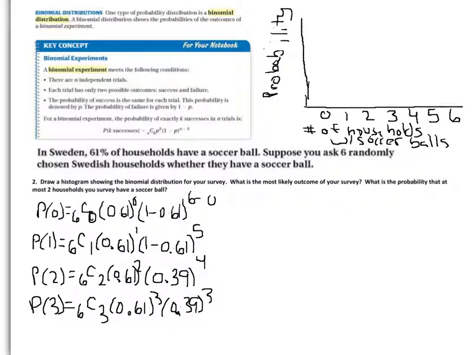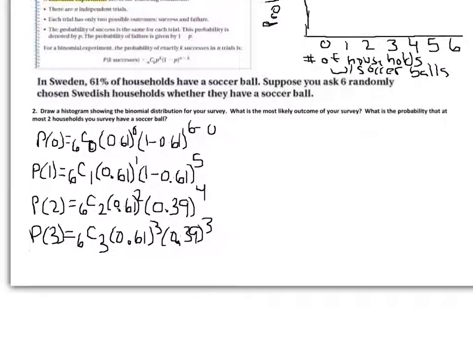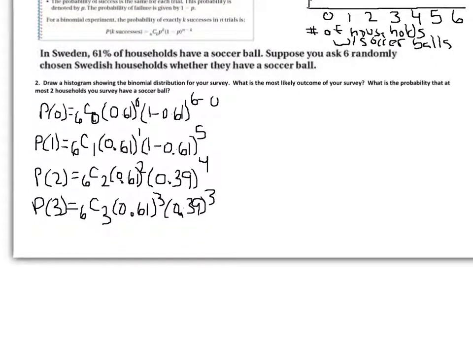Halfway there. Probability of 4. 6 choose 4. 0.61 to the fourth. 0.39 to the second.